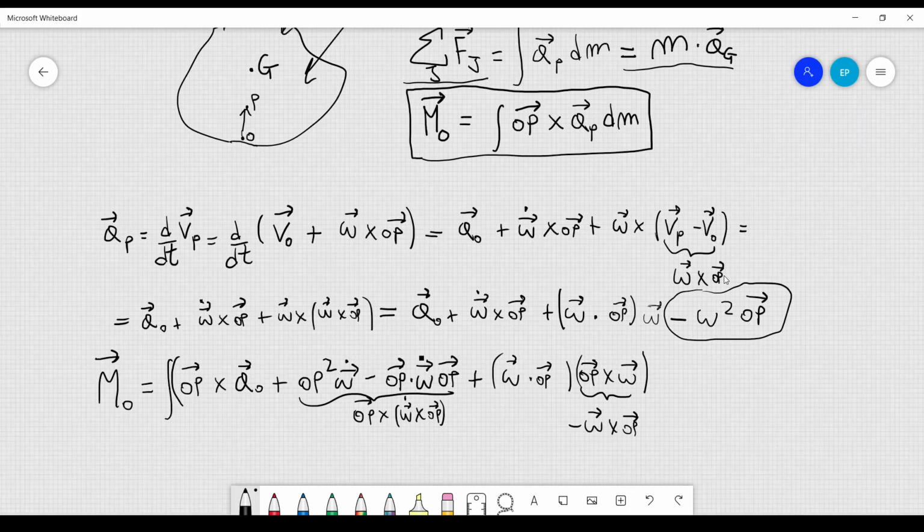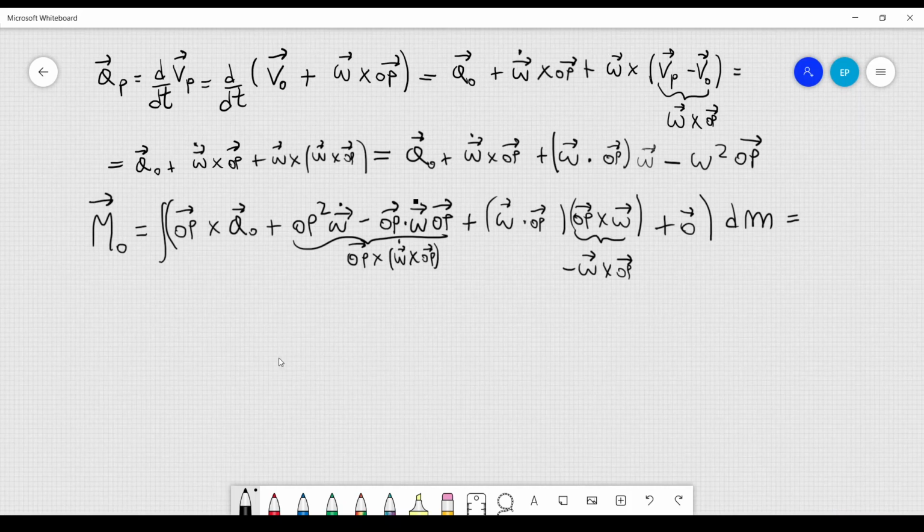But you can see that OP is parallel to this vector here. It's very easy to see because we have a scalar that multiplies OP. So when two vectors are parallel, they will give you 0 in the cross product times dm.